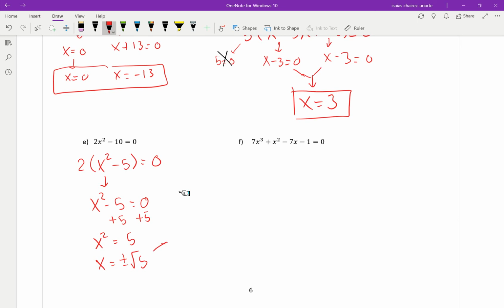So those are my two answers, positive square root of 5 and negative square root of 5, although I did have to factor a little bit at the beginning.